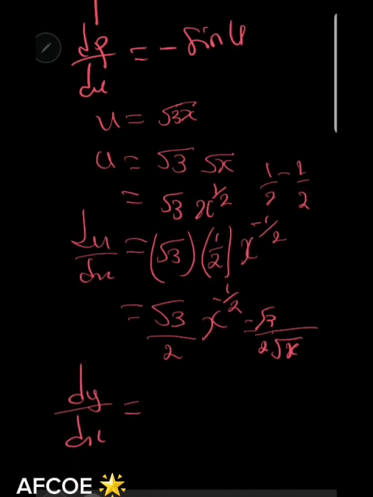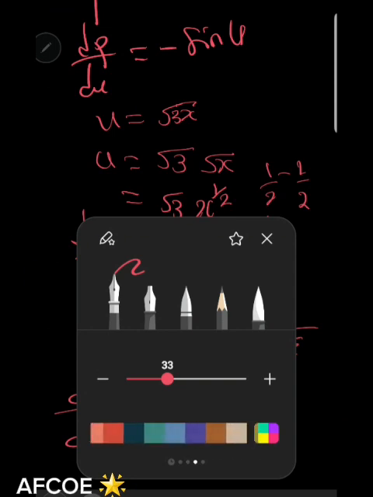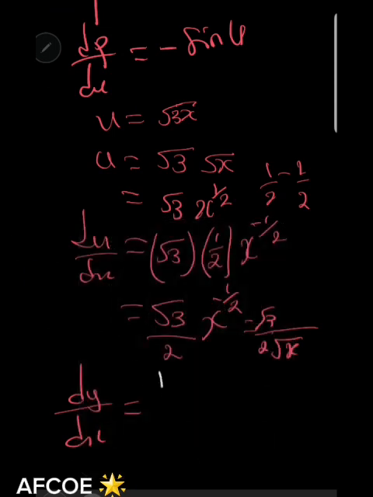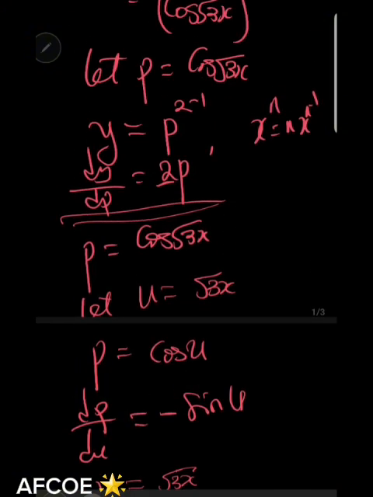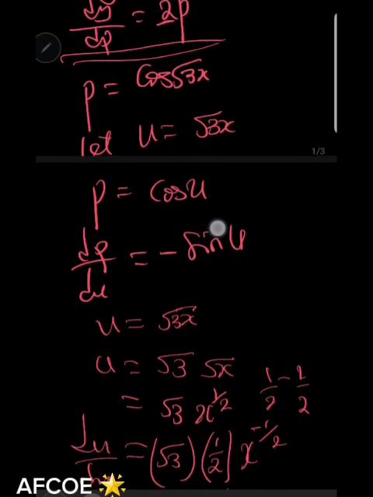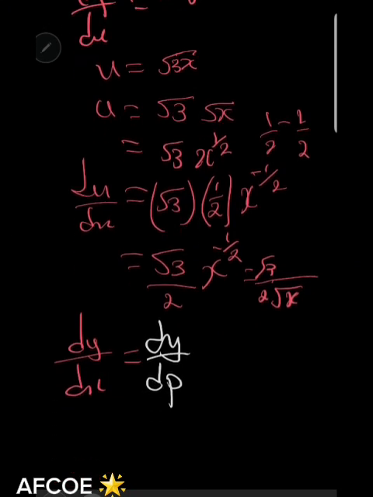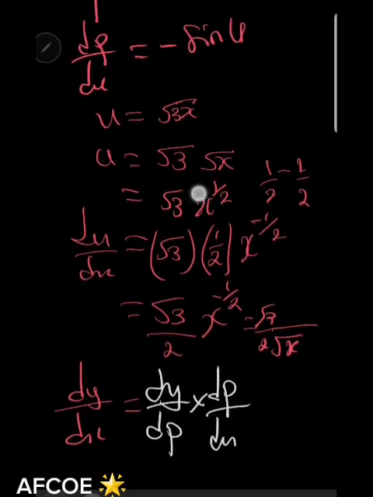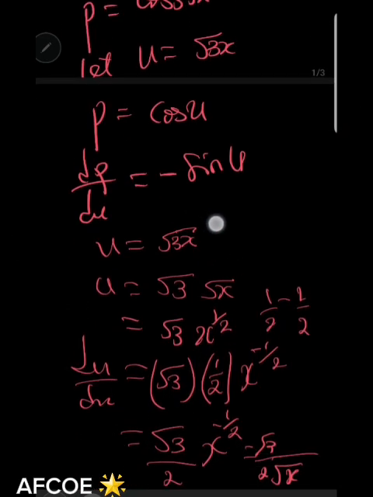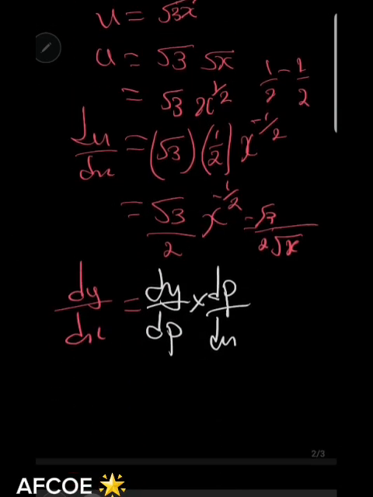We had dy/dp. That was the first thing we differentiated. Then the next thing we differentiated was dp/du, so I will now multiply this by dp/du. Then the next thing I found was du/dx.